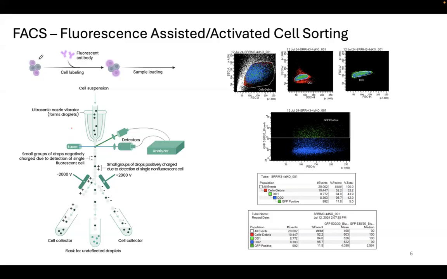This is a diagram I've taken from the internet, showing a single cell suspension. These are separated out. They're not clumps. So what you do, again, the same thing, you add fluorescent antibodies onto this. In the previous case, the antibodies were on your culture dish.